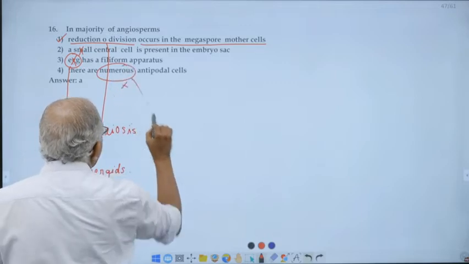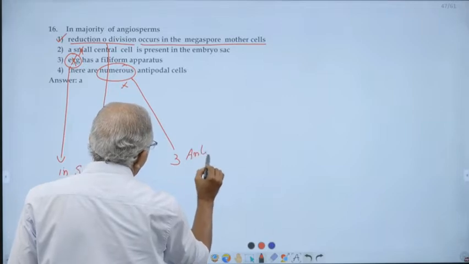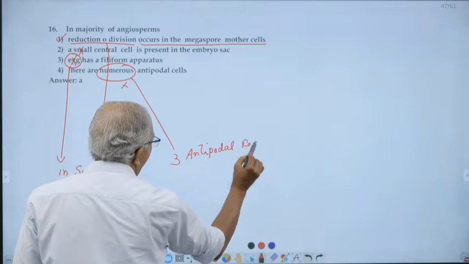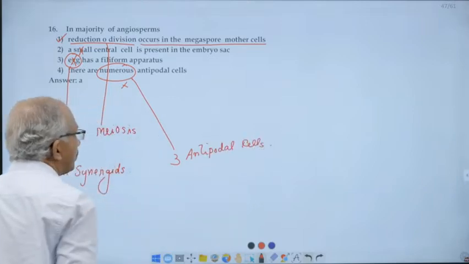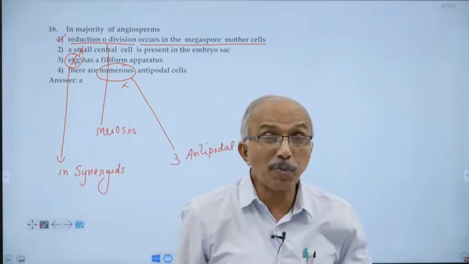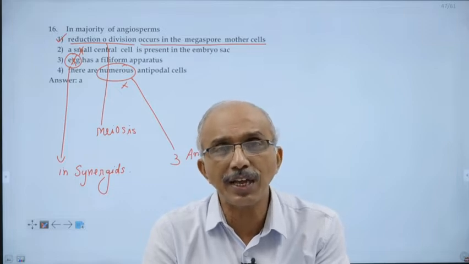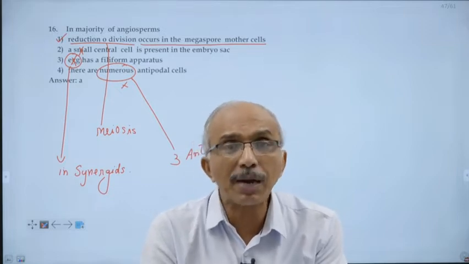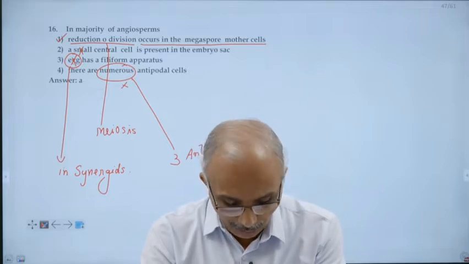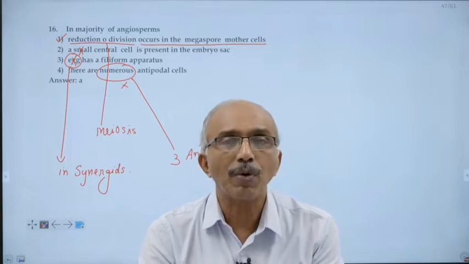We could not agree, there are only 3 antipodal cells. Meiosis occurs in megaspore mother cell. We had seen in an earlier question, with a diagram depicted along with that, that megaspore mother cell undergoes meiosis and produces megaspore.